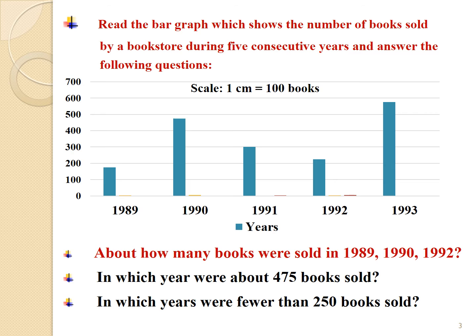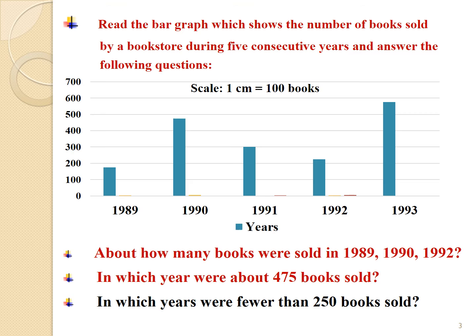Now, sum number 2. In which year about 475 books sold? Students, look at the bars again. In the year 1989, only 175 books were sold.